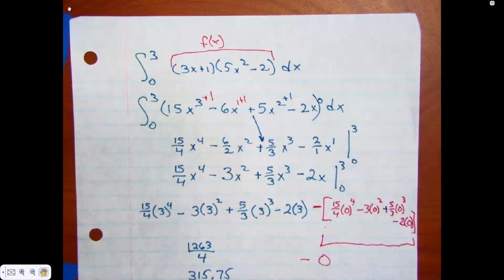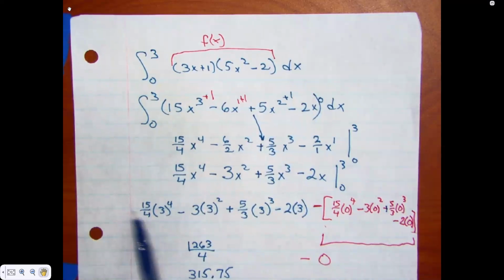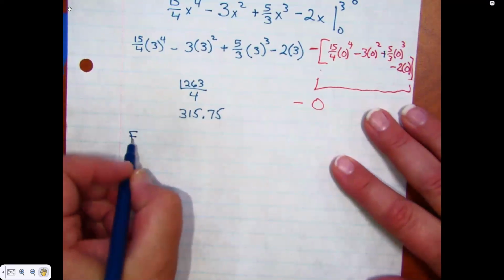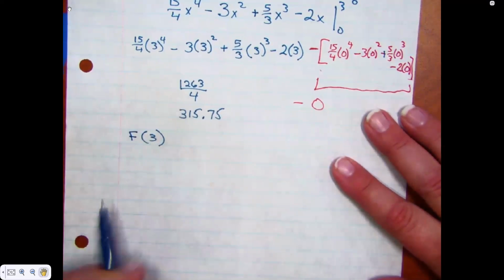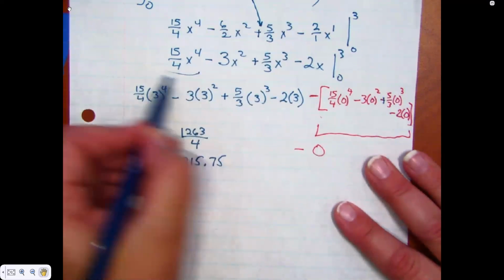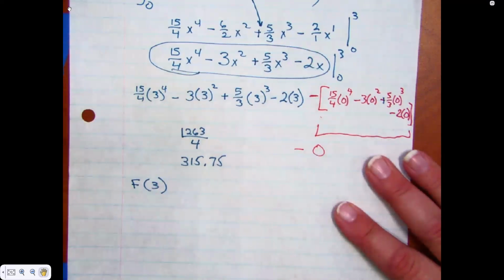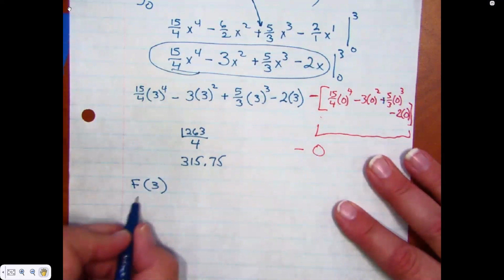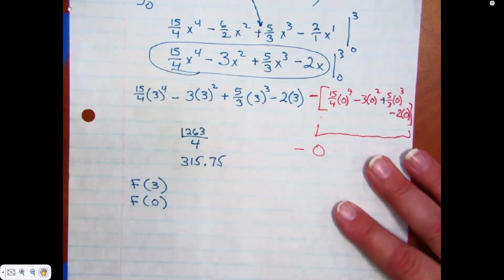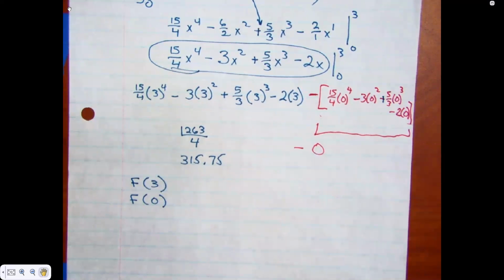Another thing you could do, if you like, I'm always used to writing it out like this, but the other way you could do it, if you want to do f of 3, is go to your antiderivative and just plug in a 3 and then do f of 0 and then just subtract those two. That's okay, especially with a calculator.